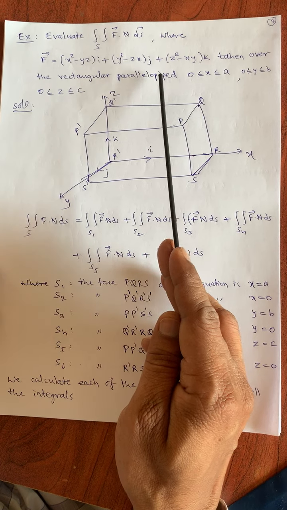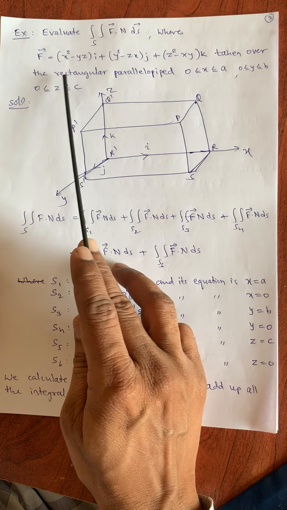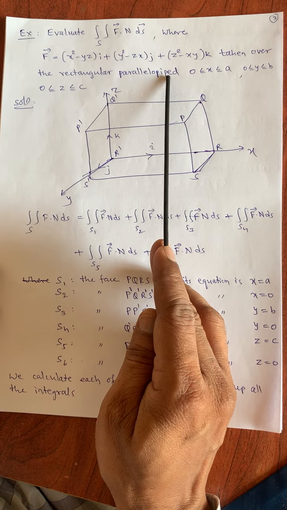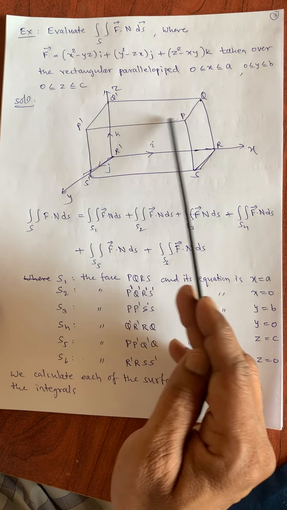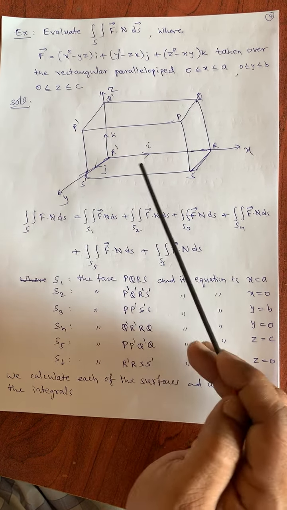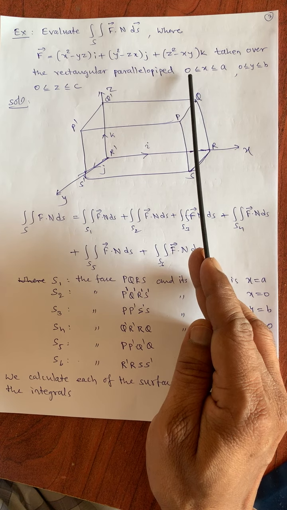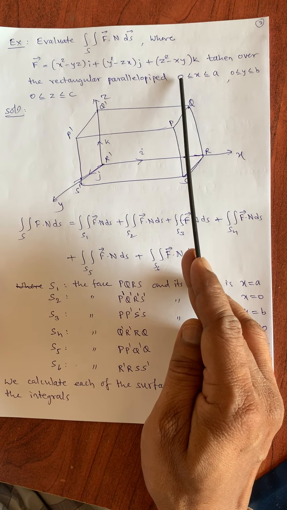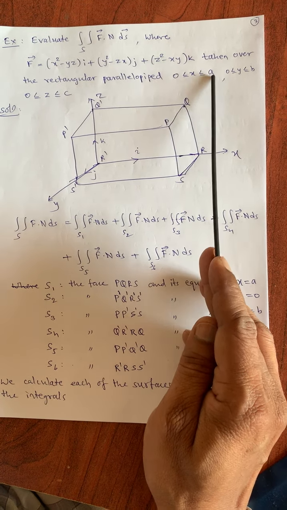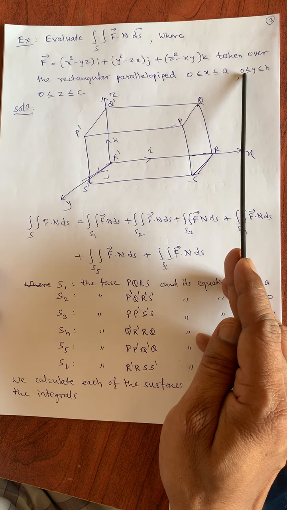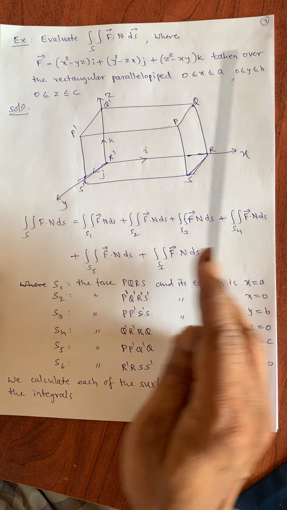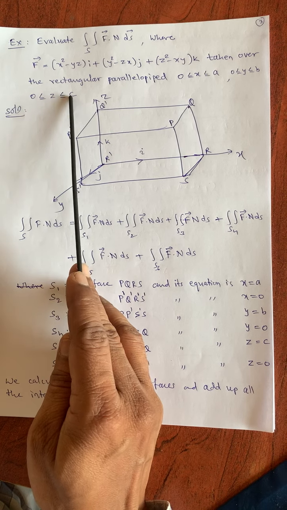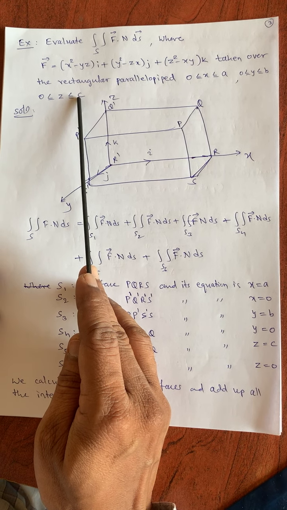In this problem, the rectangular parallelepiped is this, just a rough diagram, and x = 0, x = a, y = 0, y = b, z = 0, z = c are coordinate planes.